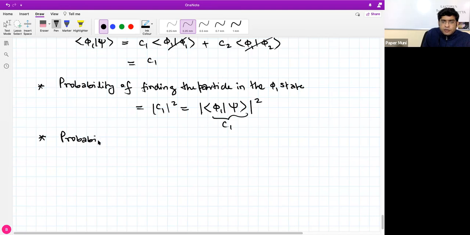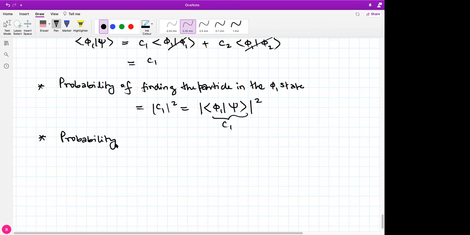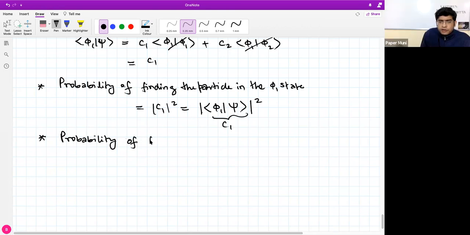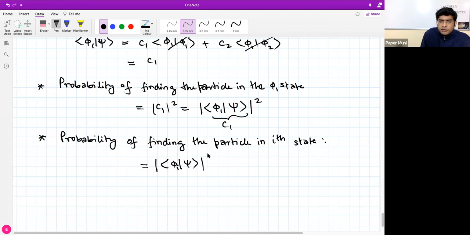If we have a superposition of states consisting of many states, the probability of finding the particle in the ith state will be given by mod of phi i inner product with psi, whole square.